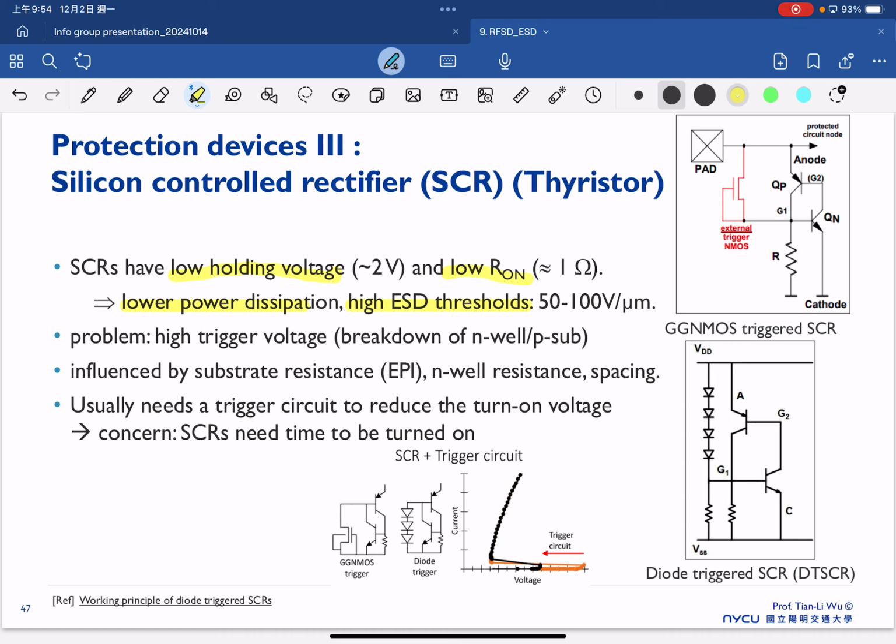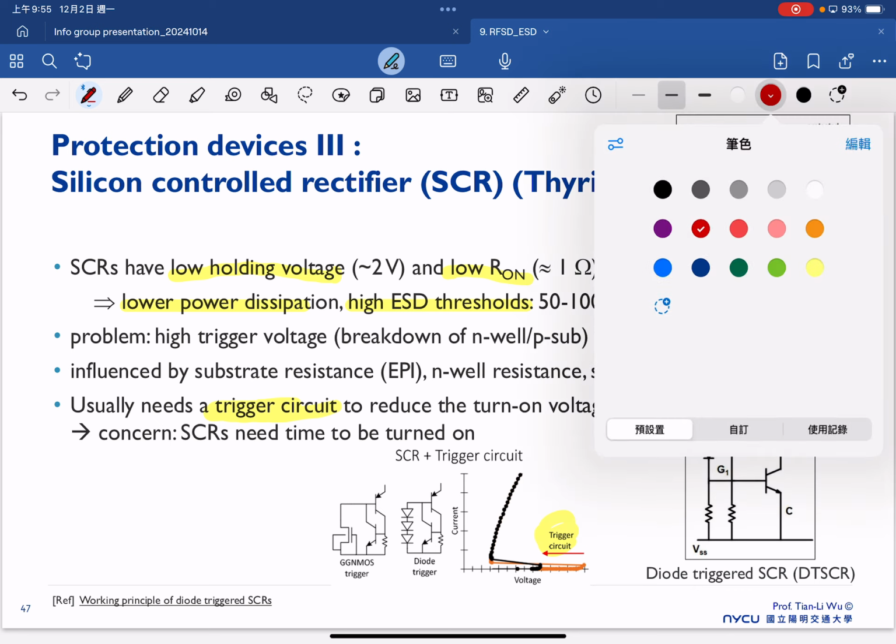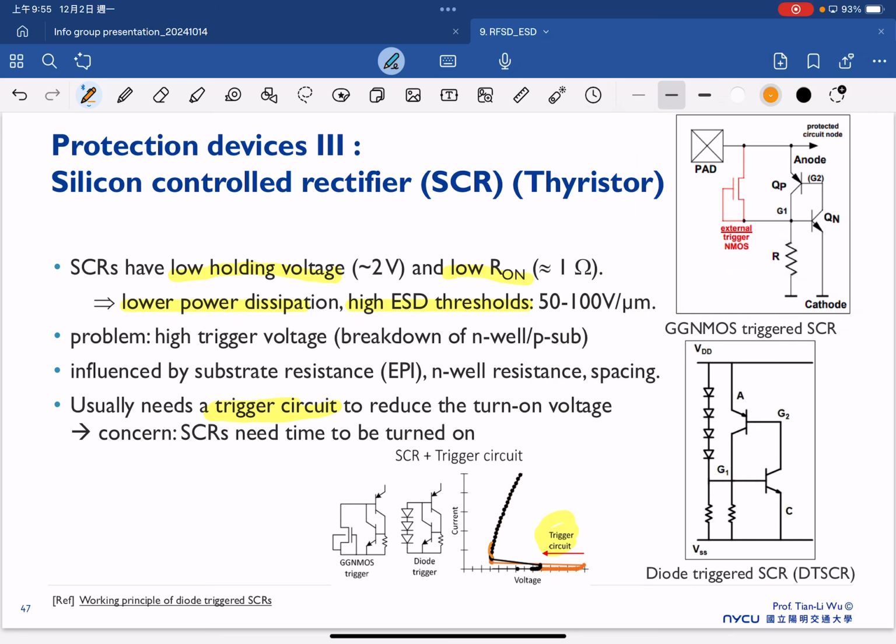But the problem is that we need a very high trigger voltage, because we need to make sure of the breakdown between the N well and P sub here. This will also be influenced by the substrate resistance, N well resistance, and spacing here. And we also usually need a trigger current to start to operate in the latch-up.